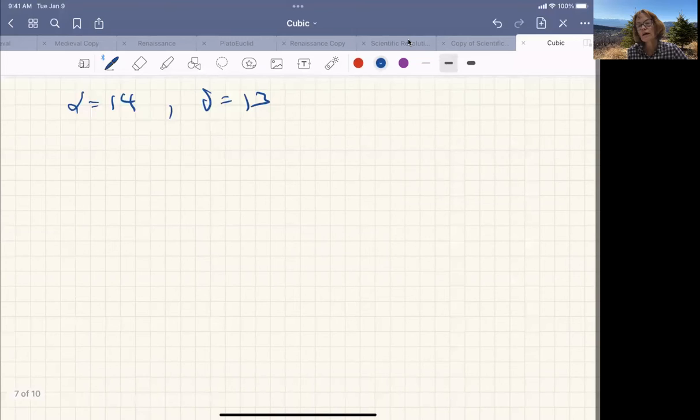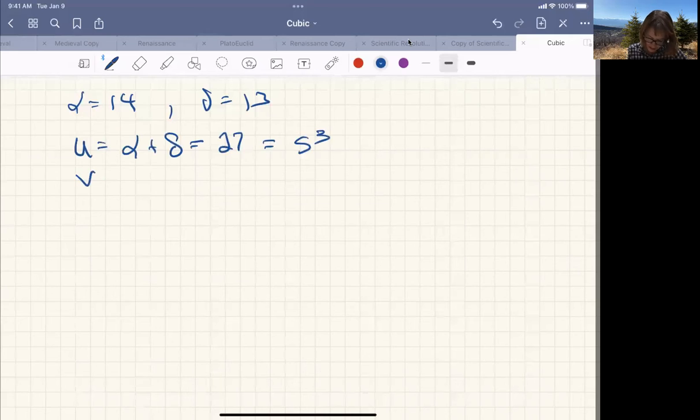And so our two answers are u is equal to alpha plus delta, so that's 27, and that was our s cubed. What's v? That's going to be alpha minus delta, and alpha minus delta is 1, and that is our t cubed.